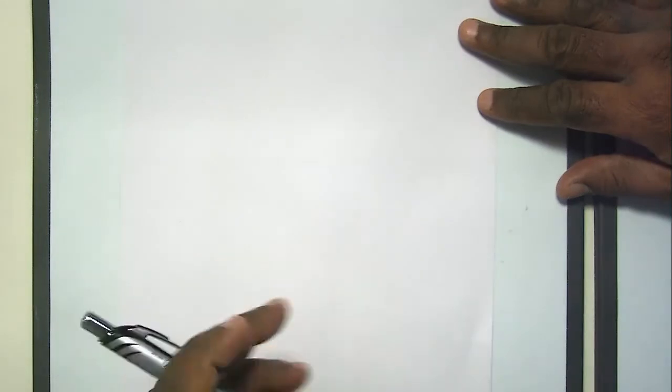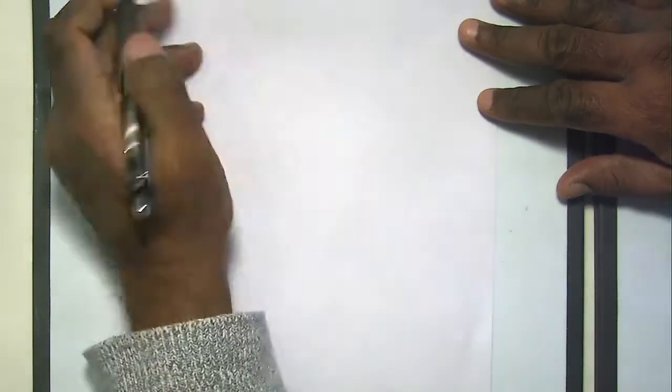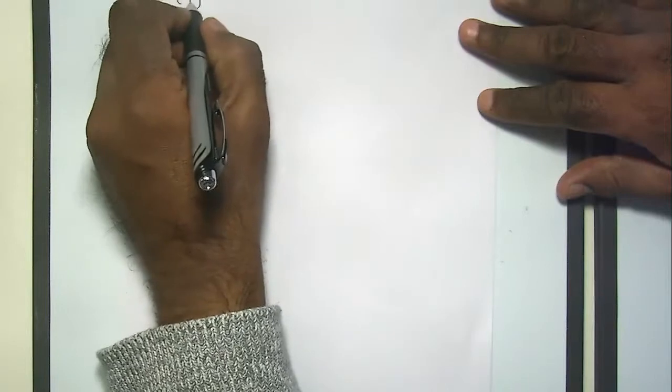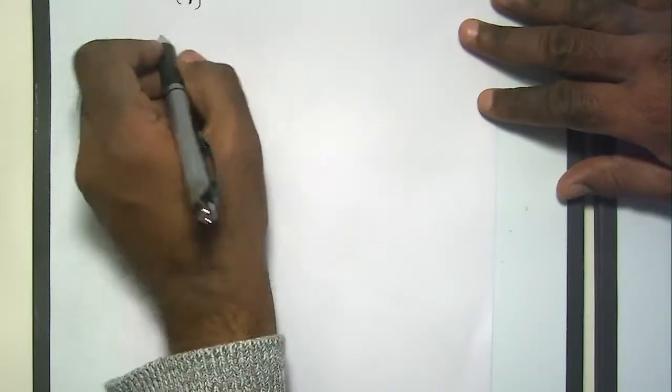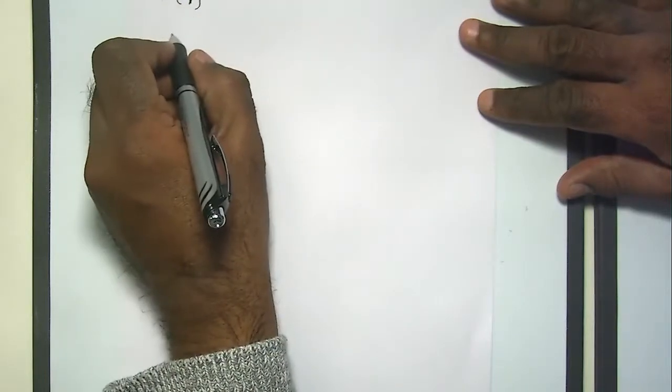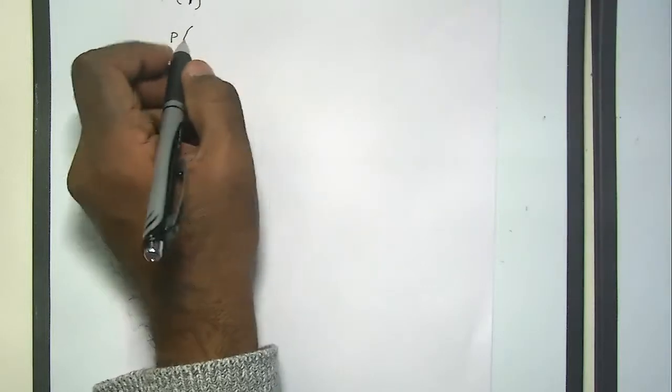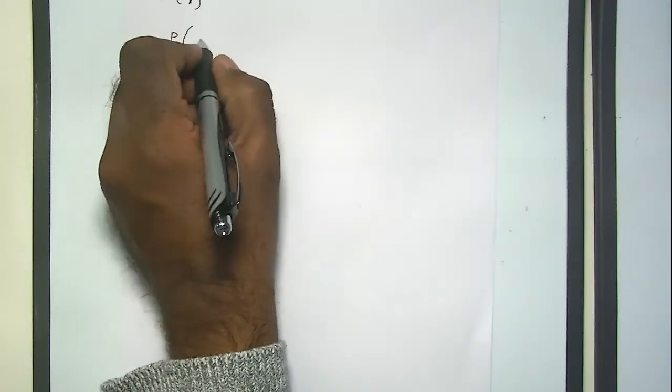Let me show you how to do part 1 of question 7. So we want to find the probability that the sample variance is between 25 and 60, right?